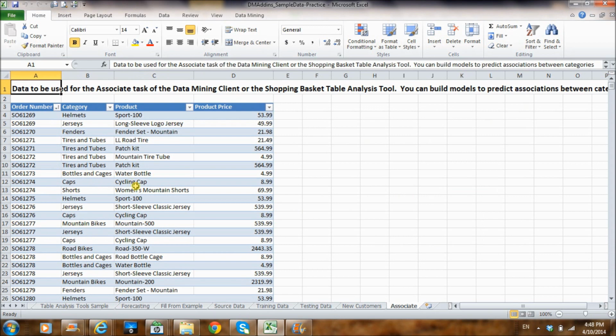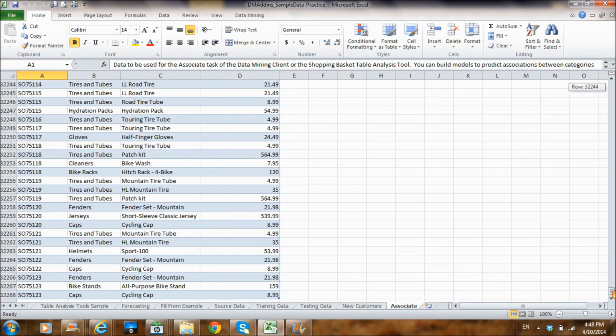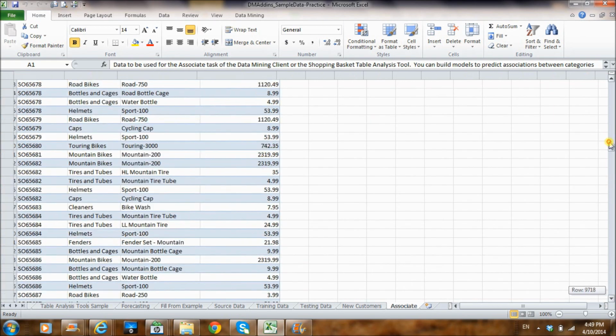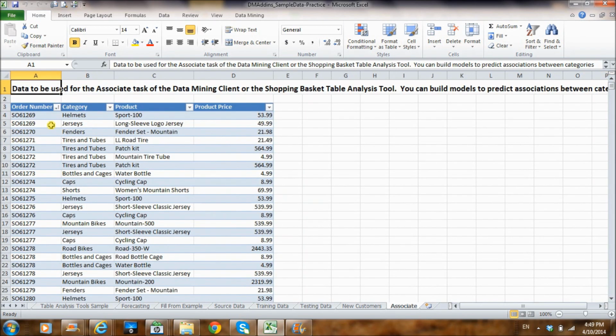So this is basically transaction data. This one has a lot of data points. So let's take a look. This one has 32,268, so at least 30,000 data points. As you can see over here, we have transactions with an order number.